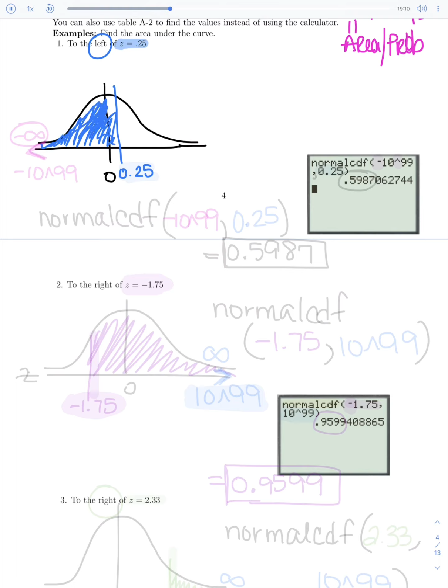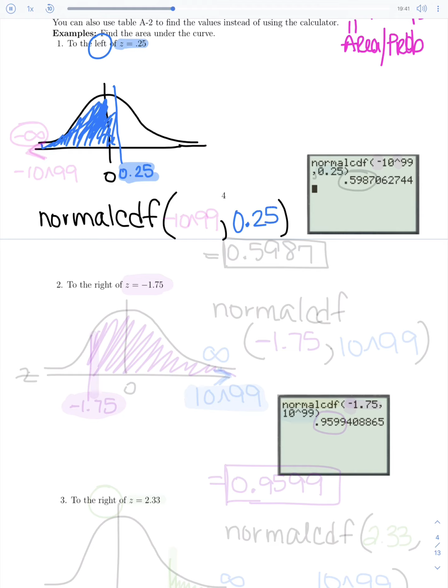The problem is, if we've got z values, what we're going to want to use is the normal CDF. The problem with using that is I need a start and a stop point. What we see is a natural stop point of 0.25. Our graph ends at 0.25, the z value.